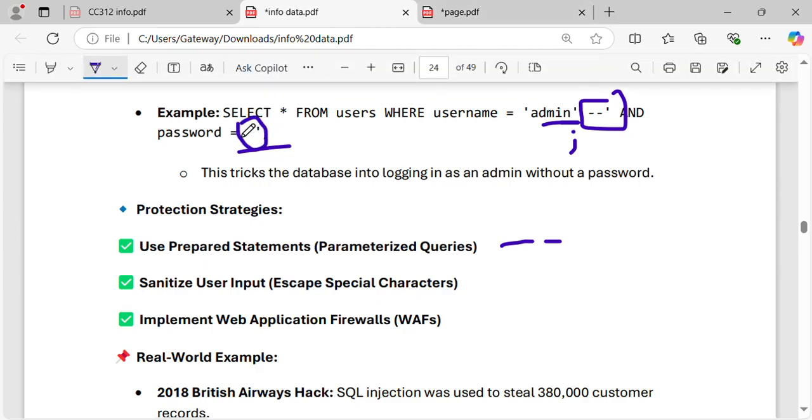Empty means the attacker didn't know the password and just wrote it as empty, otherwise the admin has some password. But because the rest is commented out, that line is considered a comment, so it will only check select from users where username is admin, effectively getting the data of the admin.